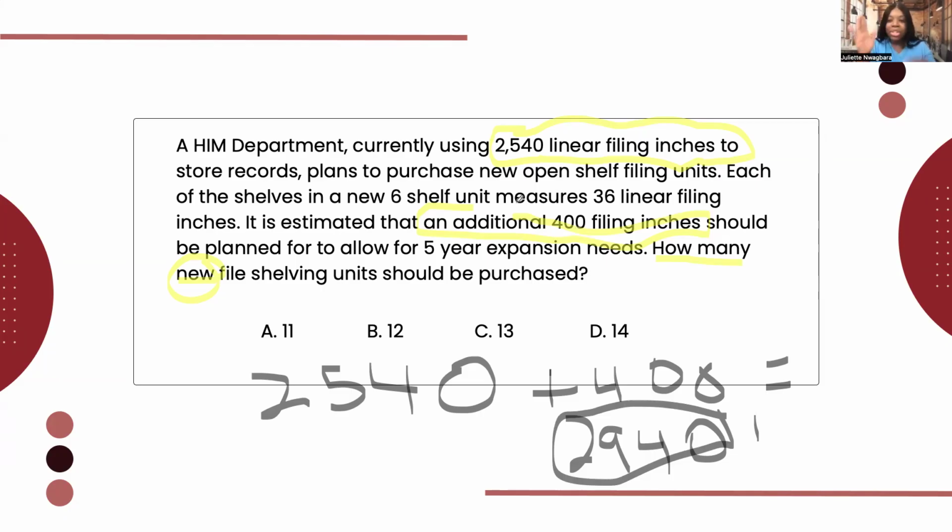Now let's break down this storage situation because that was confusing, right? So let's break this down together. This is the sentence to focus on right here: each of the shelves in a new 6-shelf unit measures 36 linear filing inches.